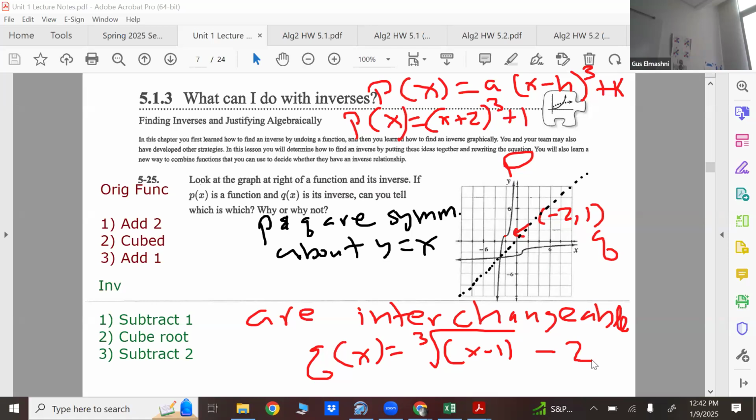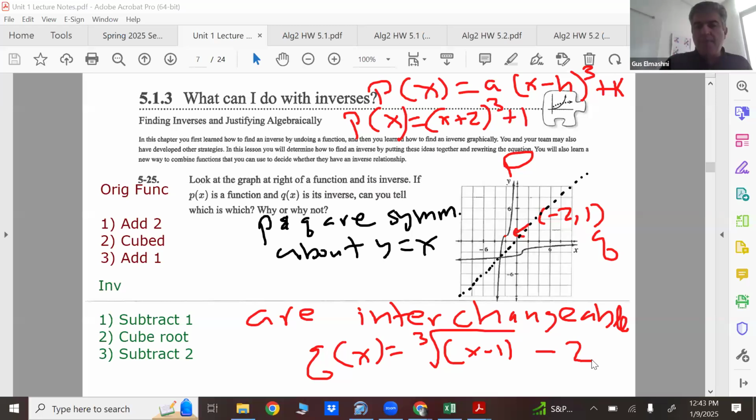Where would you say that center is located? Or what are the coordinates of where I'm pointing at? What's the x coordinate of that? No, the center. So it's gone 1 right. And how far down? 2, right? So it's 1, 2. You have x minus 1 minus 2. So it makes sense that those coordinates line up with the center.